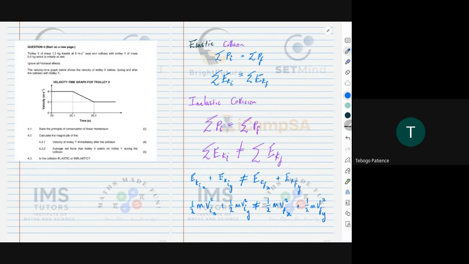Then you can substitute here because we've already calculated everything that we needed to calculate. Once you have this, you can simply conclude and say, yes it is, or no, it's not.